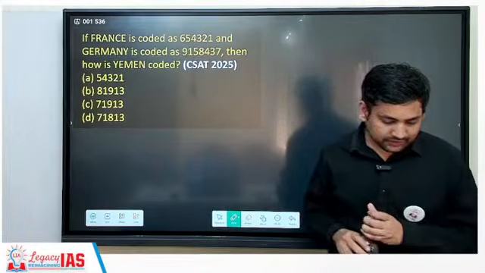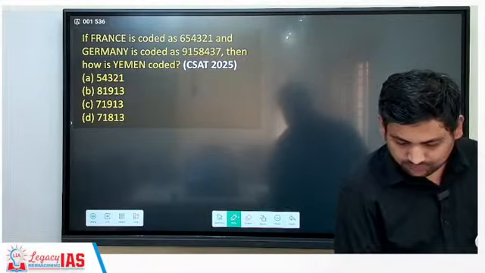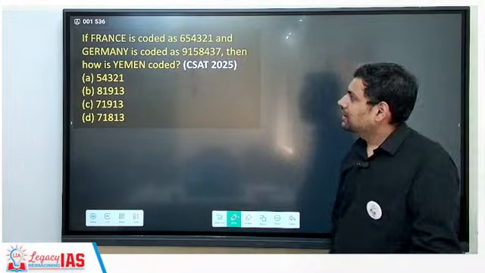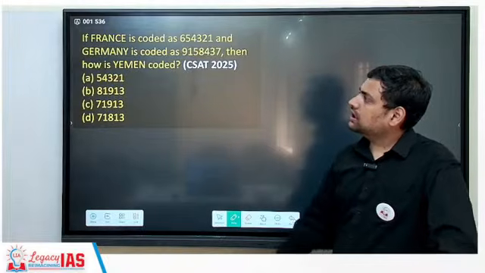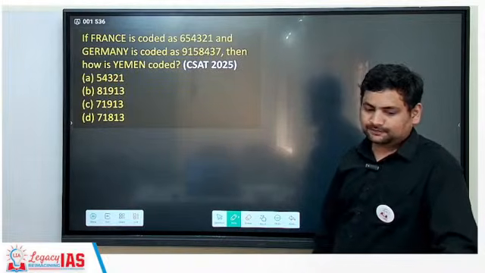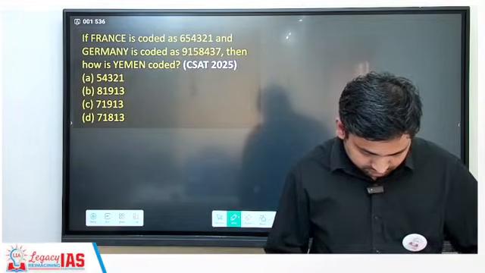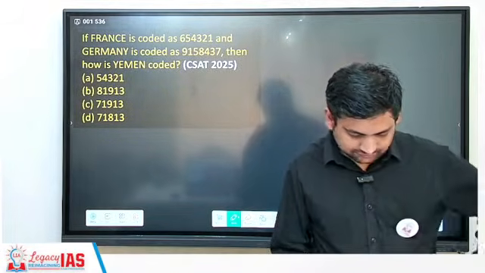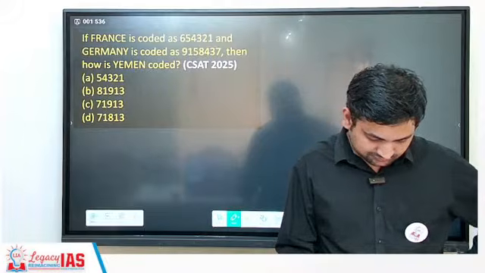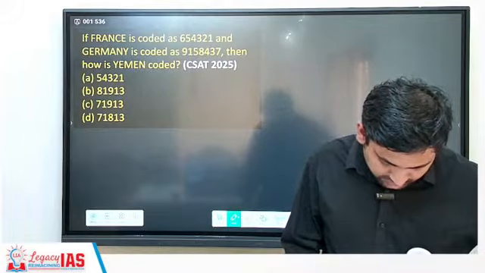Observe the word carefully. France is this, Germany is this, then Yemen will be coded as what? Abhishek, try and solve this.